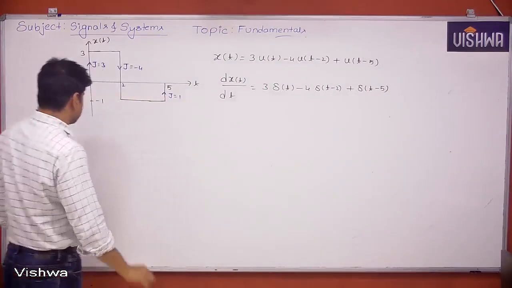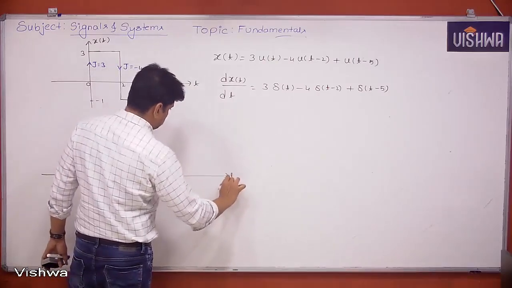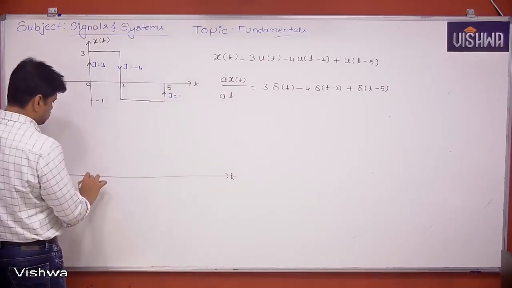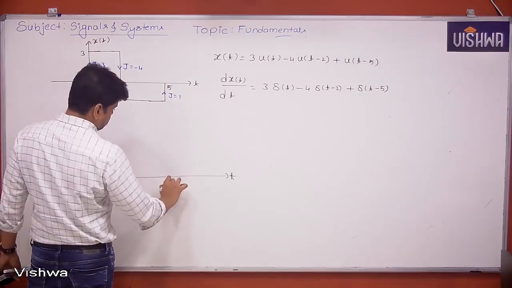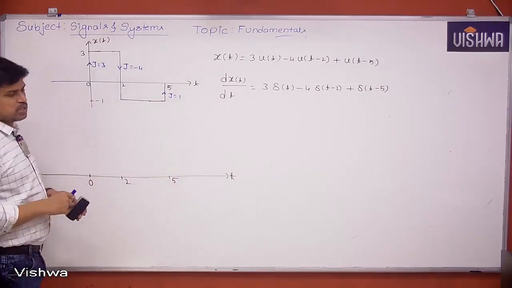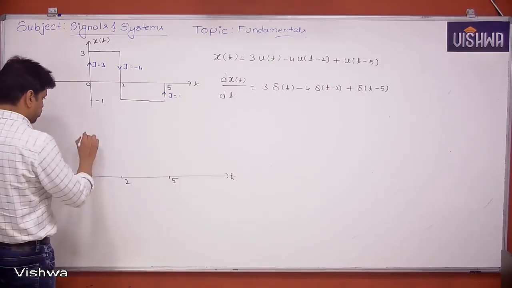If I draw this function, at 0, 2, 5: at 0 there is an impulse function of strength 3. That means we have to show it like this.